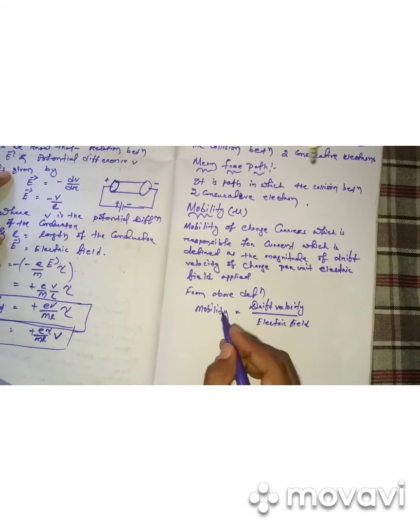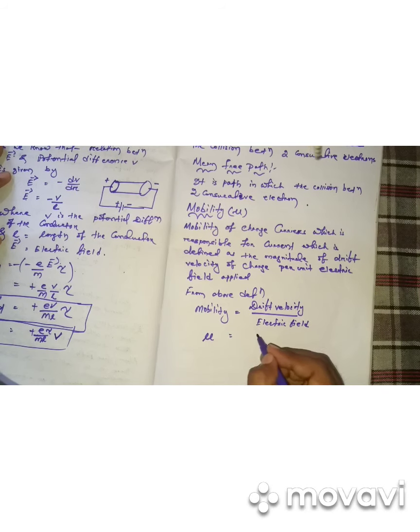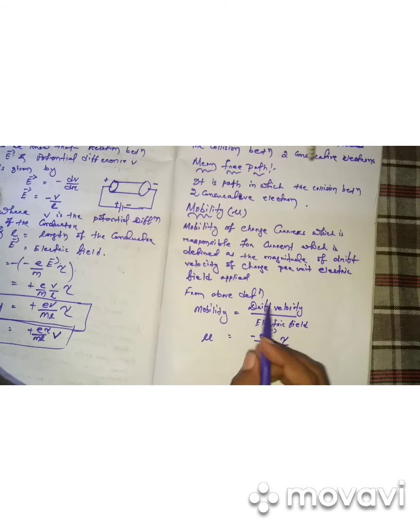It is denoted by mu. Drift velocity means what? Minus e E vector by m into tau. Here we represent charge, so e can be represented as q.